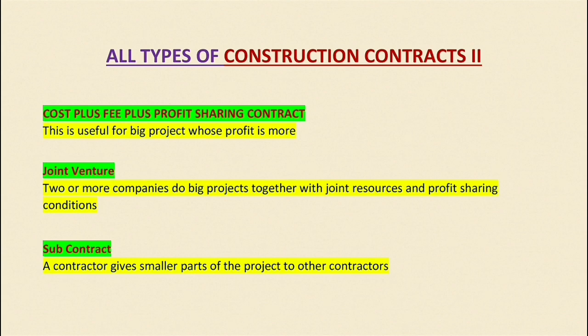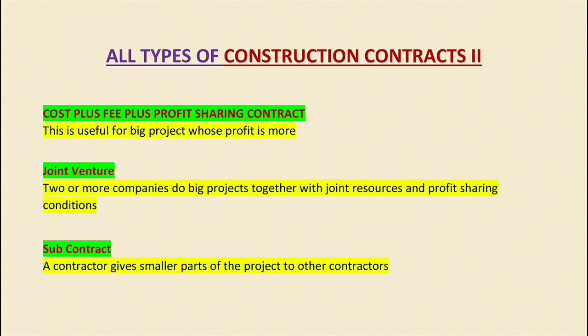This is a variation of lump sum contract. So we have studied three variations of lump sum contract: cost plus percentage of cost contract, cost plus bonus contract, and cost plus profit sharing contract.